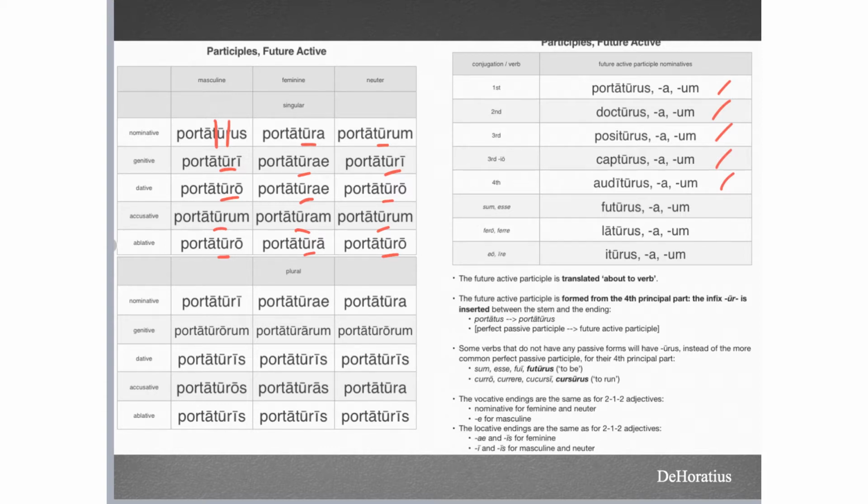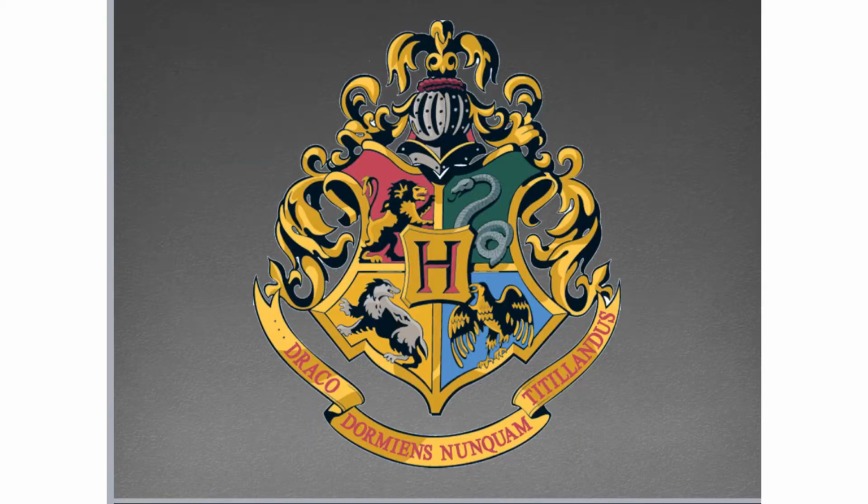Participles are kind of a new idea, but you're not really memorizing new forms as much as you're studying and understanding how participles work, especially in terms of agreeing with a noun. They will agree just like any other adjective agrees, but they are slightly different in the sense that they come from verbs and can have verbal things that go with them. So I thought we'd take a look at some participles.